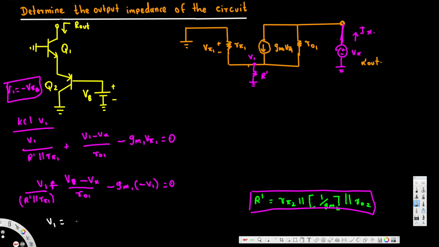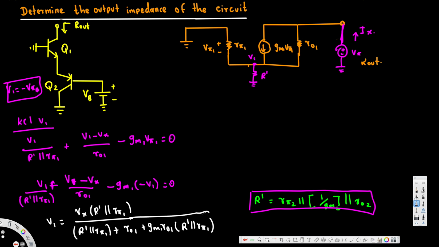If we do that, finally we will end up with V1 equal to Vx RO1 times R prime parallel Rπ1, over R prime parallel Rπ1 plus RO1 plus gm1 RO1 R prime parallel Rπ1. Okay, that's it for this one.